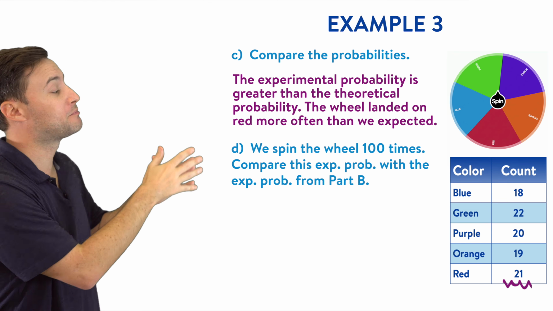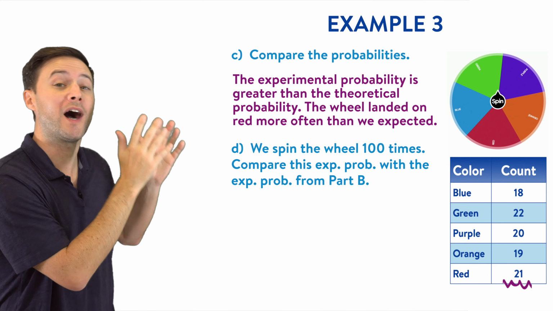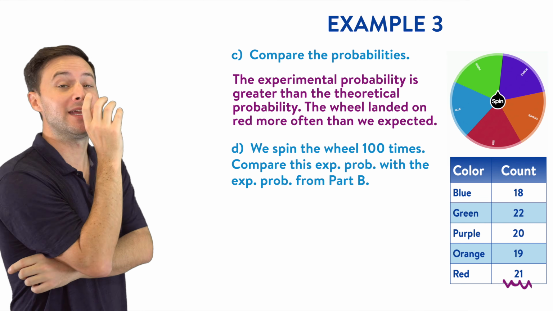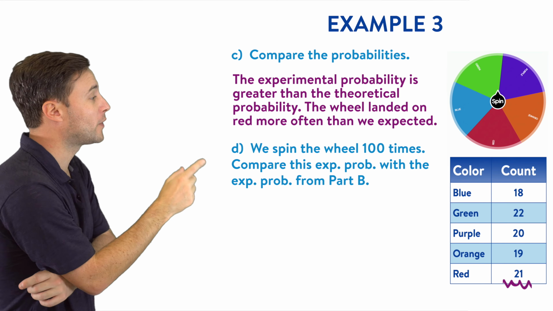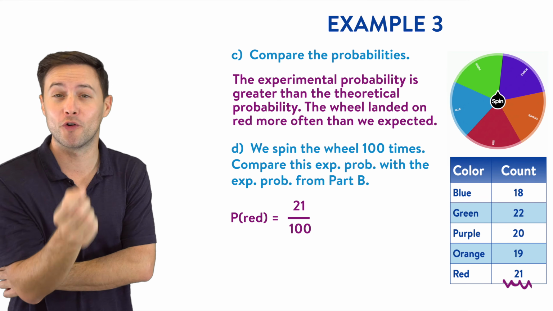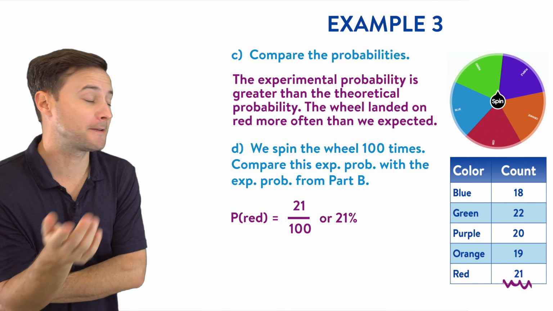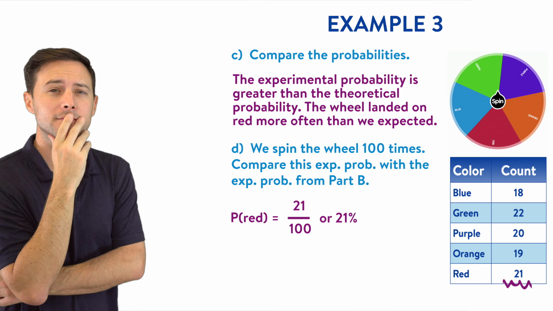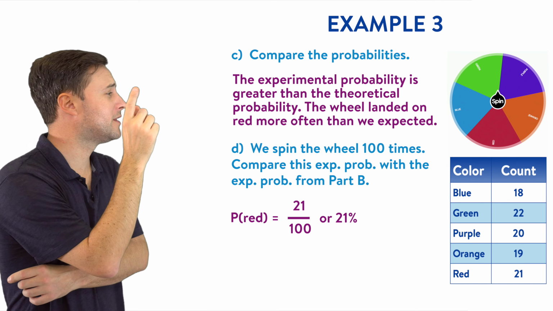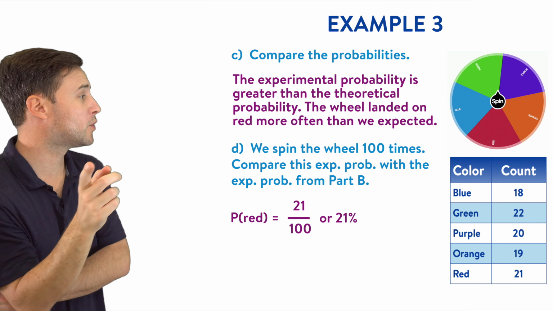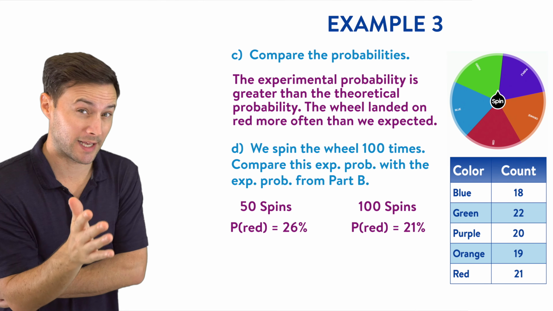Remember, now we spun the spinner 100 times. So the experimental probability of landing on red is now 21 over 100, which is easy. That's 21%.